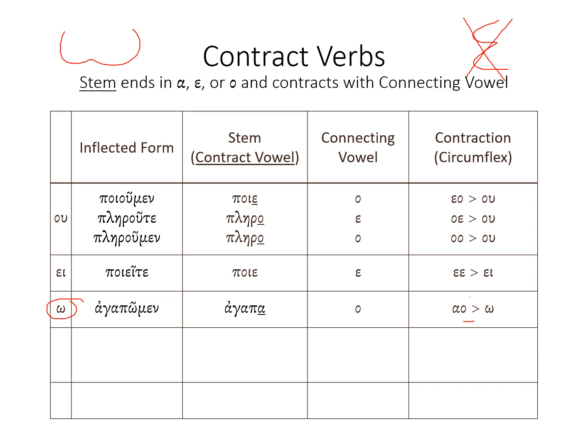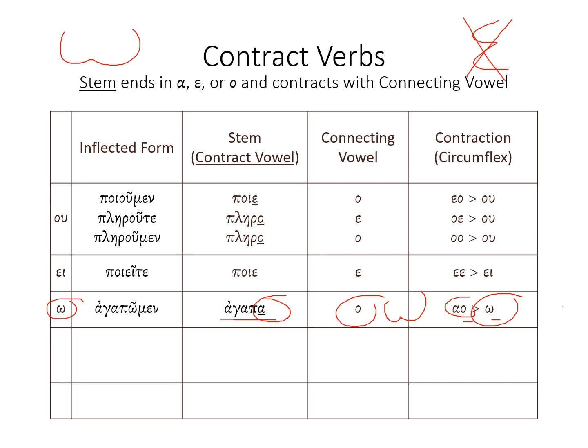Alpha plus omicron equals omega, agapō. And if there is no ending with the first singular, for instance, of agapaō, that alpha is actually consumed by the omega. It eats it up because that connecting vowel omicron lengthens to omega, and it eats up this alpha.